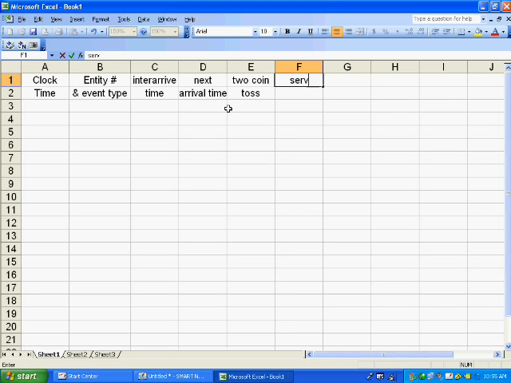Service time. Number in system. Depart time.